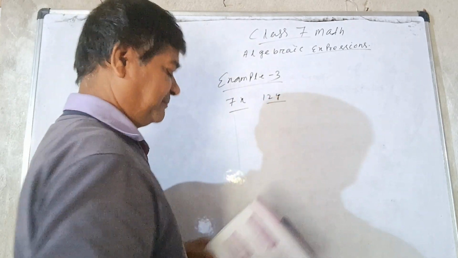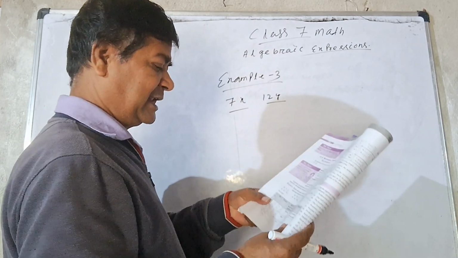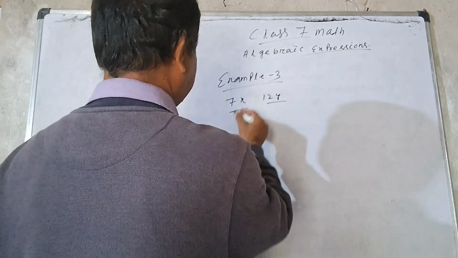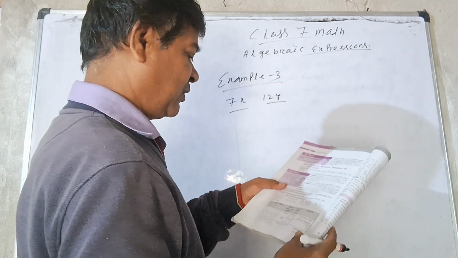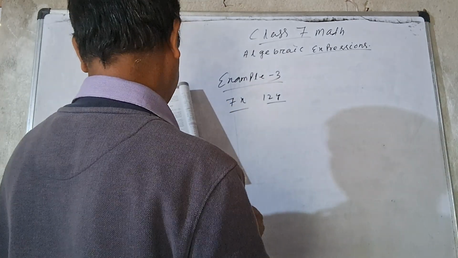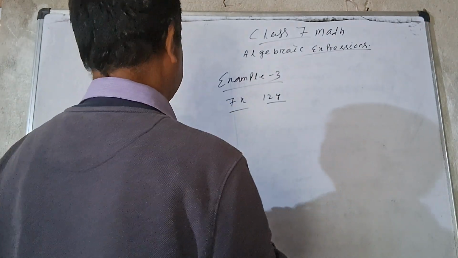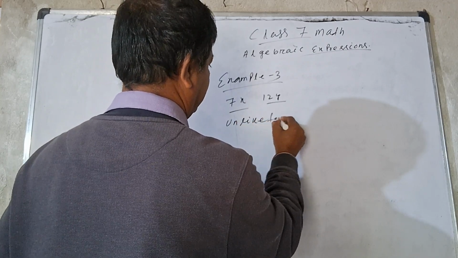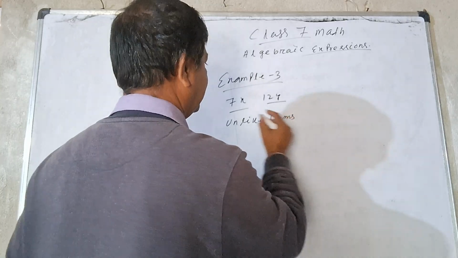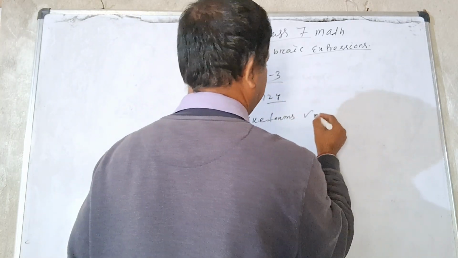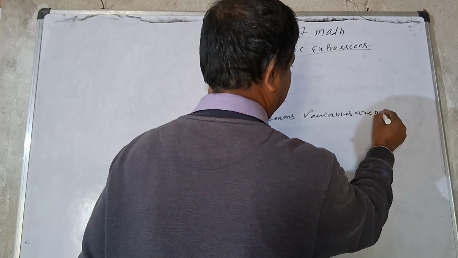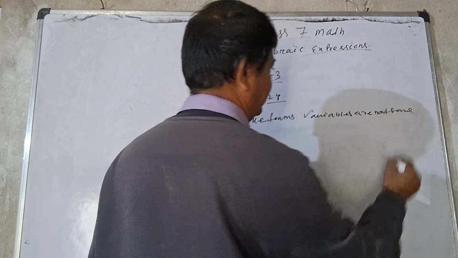The variables are different. Unlike terms, you can write unlike terms or different terms, because the variables are not the same.